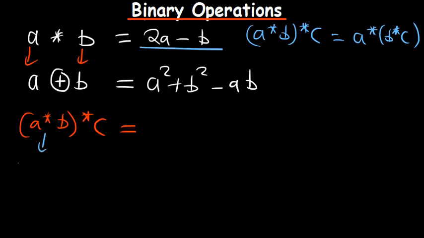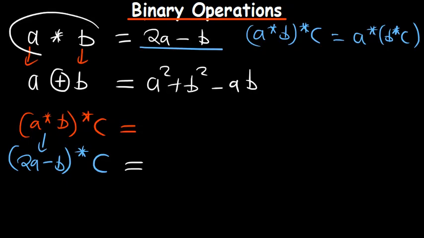So that is equal to 2A minus B. Okay, so that's what we're having. Now star C. What does that really mean? What that really means is we are still substituting in that very binary operation.